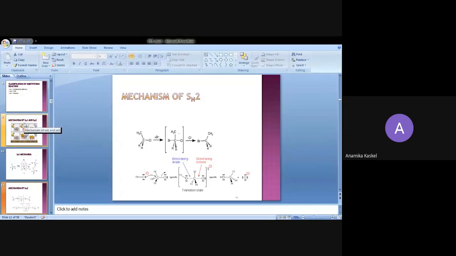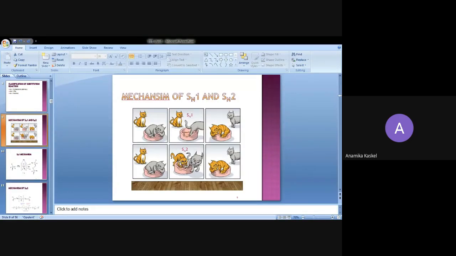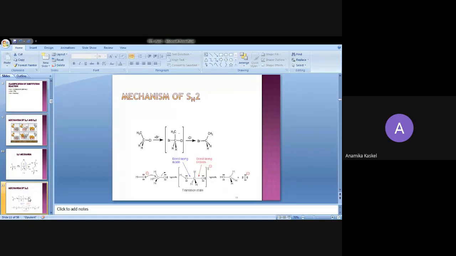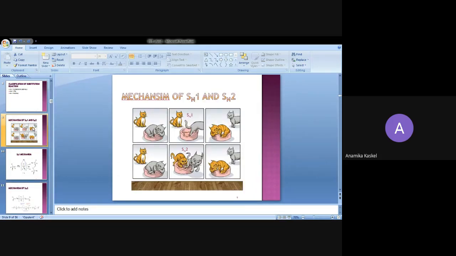That means we can consider this the sharing of the bed. Br- is forming a new bond, Cl- is leaving, and at last Cl- is completely gone and Br- is attached. Up to this slide, remember that the Sn1 reaction goes through the intermediate or carbocation pathway, and the Sn2 reaction goes through the transition state pathway.